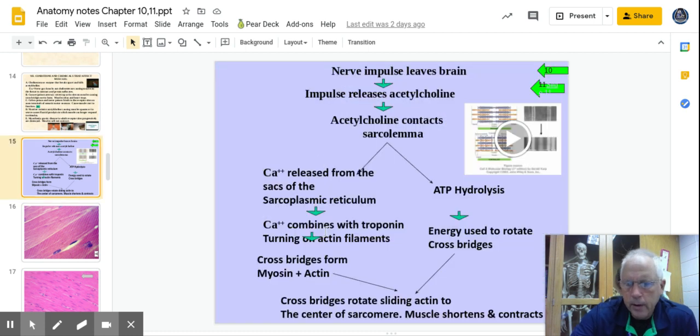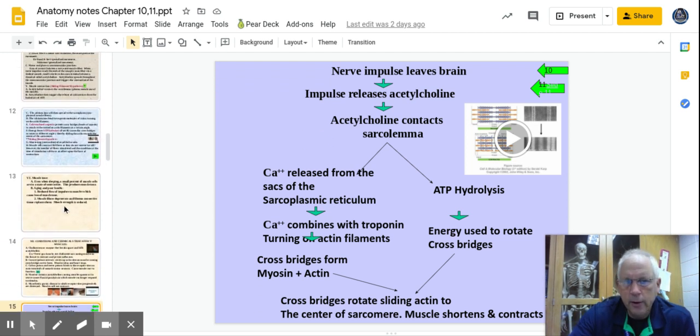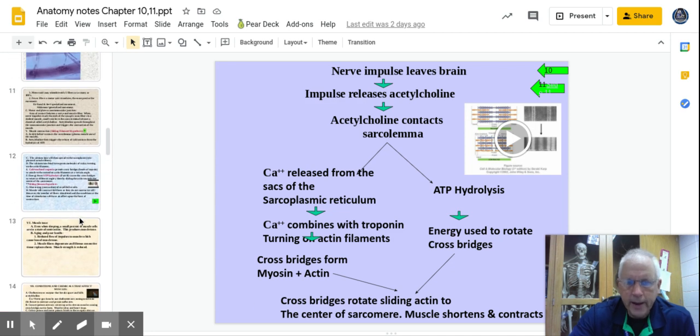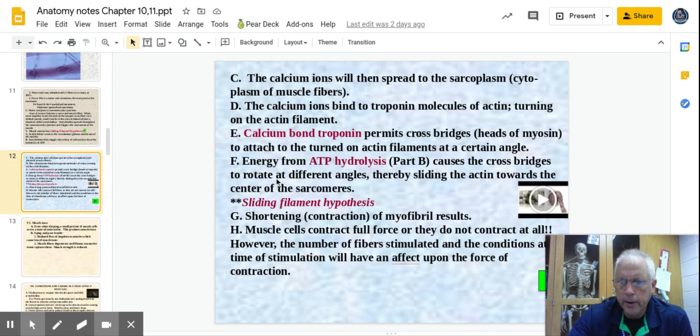So write that in. Calcium combines with troponin, turning on actin. These cross bridges form, which is literally myosin plus actin. Now, it doesn't do us any good to have these hooked up if I don't have any energy to move them, right? This is where part 2 comes in. I said that acetylcholine not only releases calcium, it also breaks apart ATP.